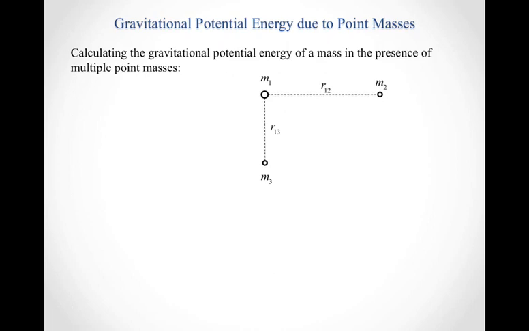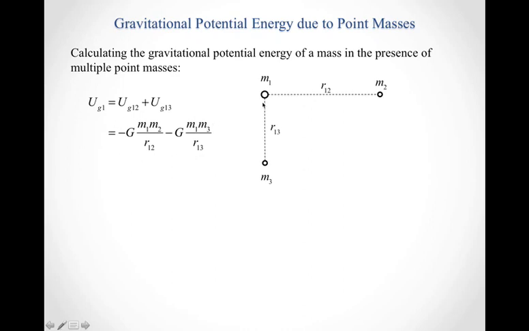Now, if we've got multiple masses, and we want to calculate the gravitational potential energy of one mass in the presence of multiple other point masses, what we need to do is just calculate the potential energy due to each interaction and then add them up. The nice thing here, of course, is that adding them up is so much easier because the gravitational potential energy is a scalar.